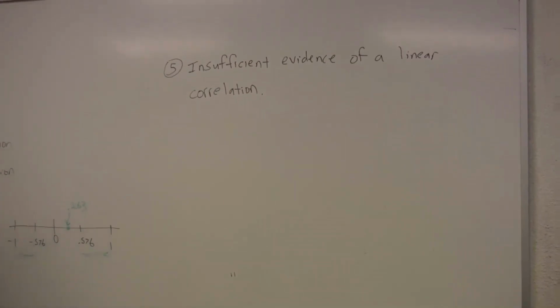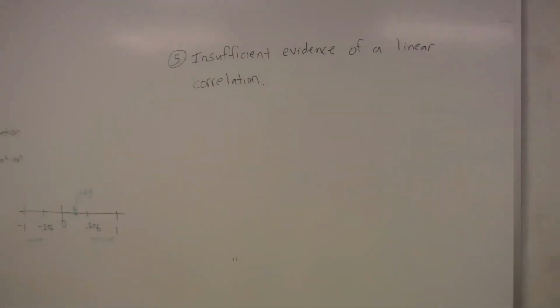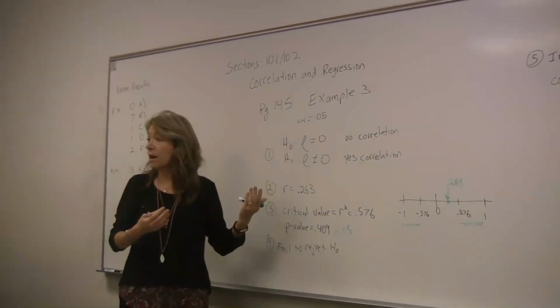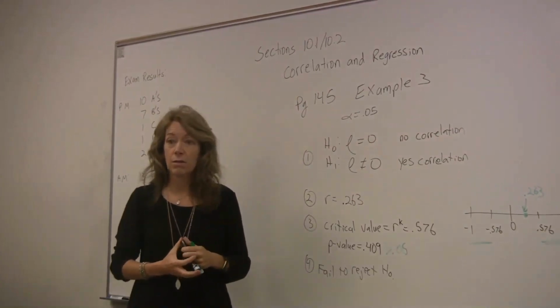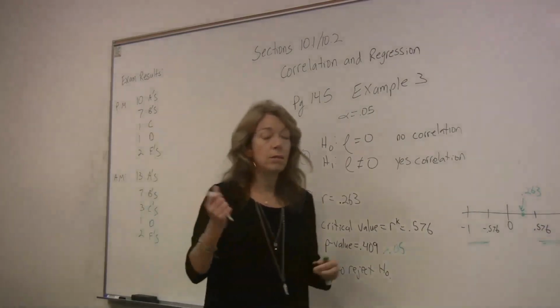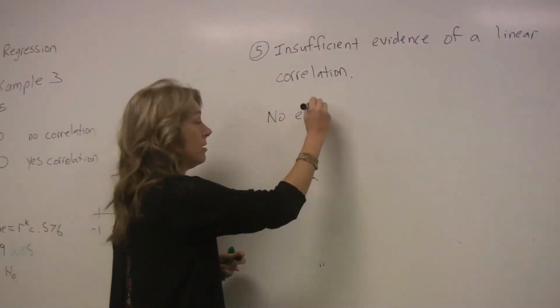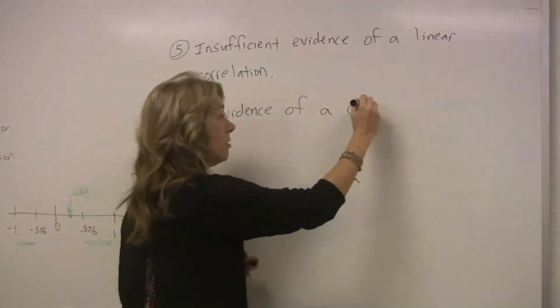That's really all your conclusions are in this case. Even though my r was not 0, it's a little bit of evidence, but it's not far enough away from 0 to say there is a correlation. You could also write no evidence of a correlation.